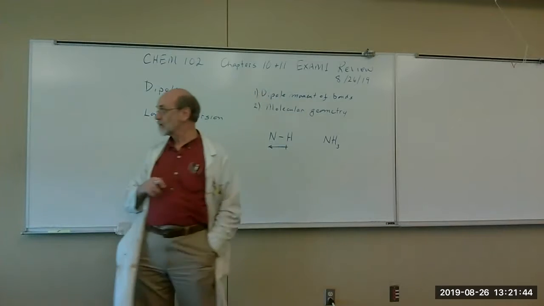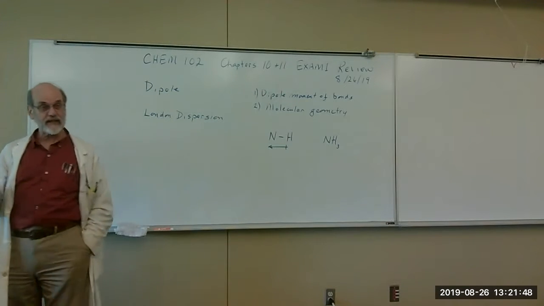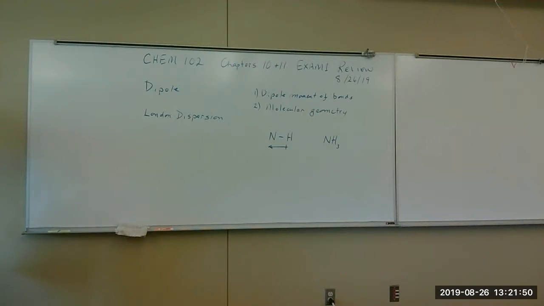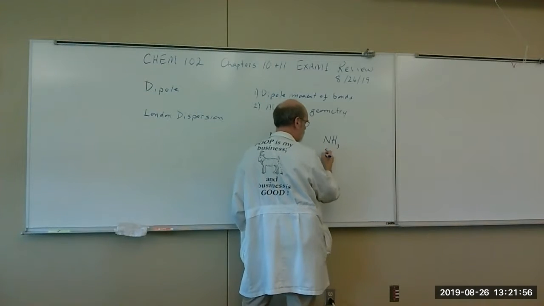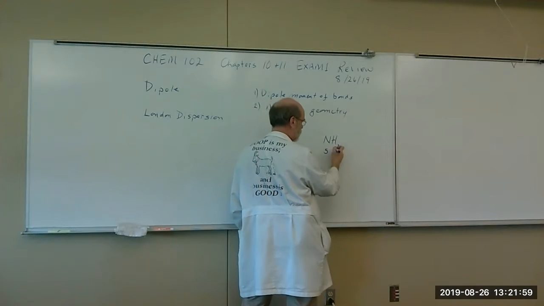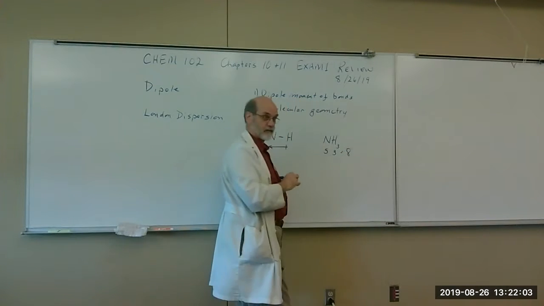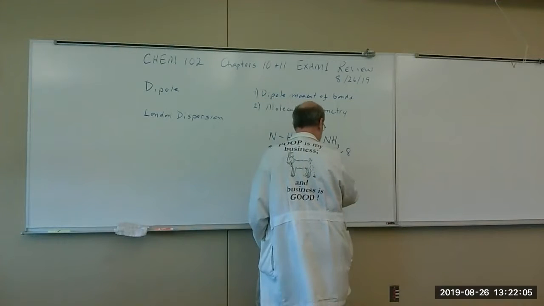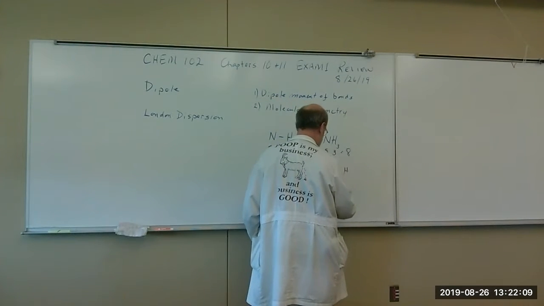Well, you need the valence electrons for nitrogen, which would be 1, 2, 3, 4, 5. So we got 5 here. And you got 1 for each hydrogen, which would be 3 times 1 is 3. We have 8. Okay?